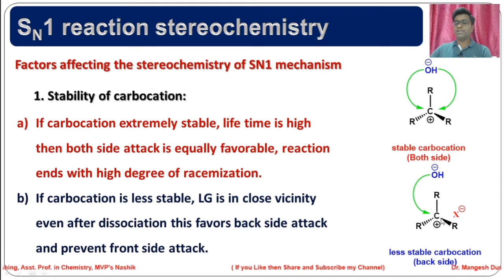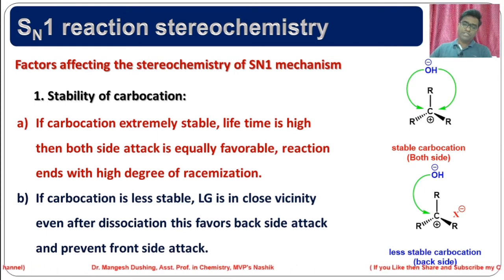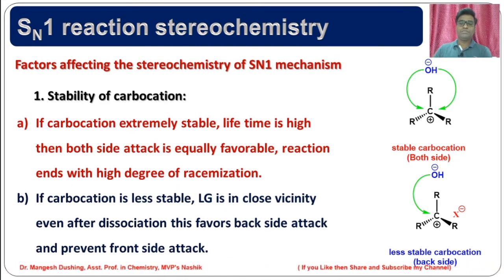That prevents the OH minus attack from the front side, because of electronic repulsion, that is dipole repulsion, as well as steric hindrance. So the nucleophile mostly prefers the backside attack if there is a less stable carbocation. In that case, the inversion product percentage will increase, while the racemization percentage will decrease.